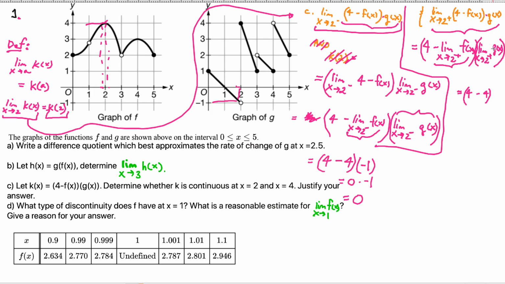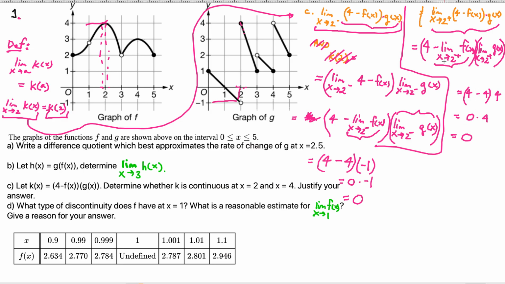And then, as I get closer and closer to 2 from the other side, I'm getting closer and closer to 4 along g. So now I'm getting closer and closer to 2 from the right, and closer and closer to 4. So I get 4 minus 4, which is 0, and then 0 times 4 is 0.